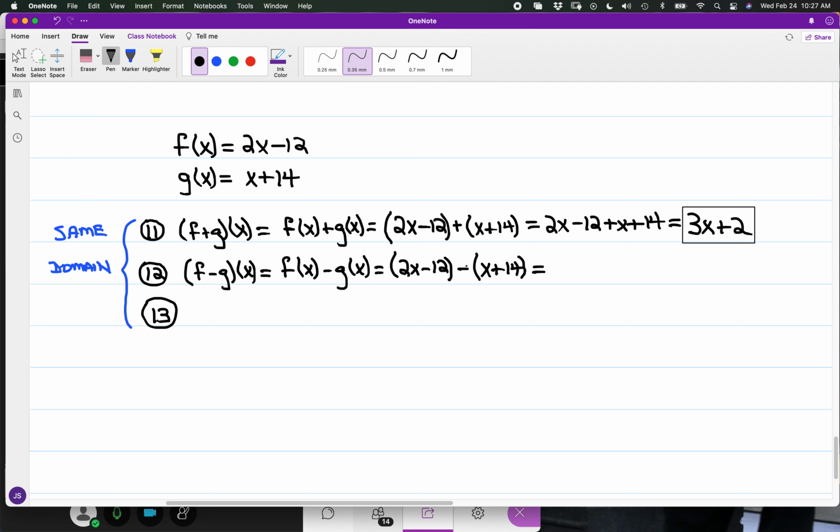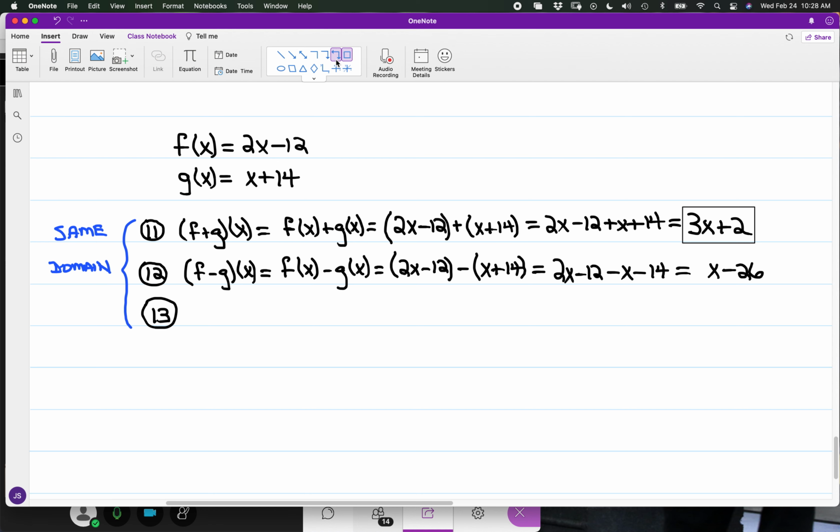But with the removal of parentheses this time around, the terms in g of x will be affected. So we have 2x minus 12. And from g of x, x plus 14, which will be affected by the subtraction, will become negative x minus 14. And so we have 2x minus x becomes x. And negative 12 minus 14 becomes minus 26. So we have x minus 26 in the result.